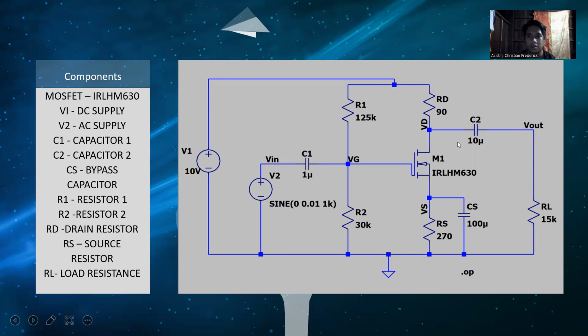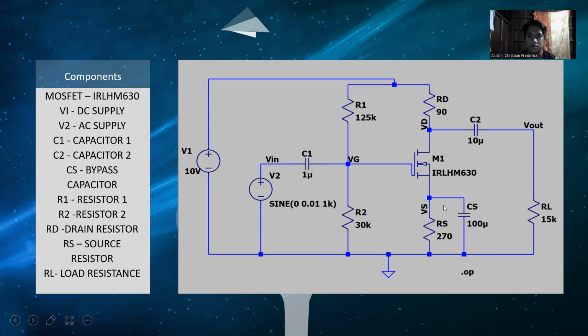My C2, my capacitor 2. And CS is my bypass. So I have 5 resistors: my resistor 1, resistor 2, my drain resistor, my source resistor, and my load resistance. Those are the components of my circuit diagram.